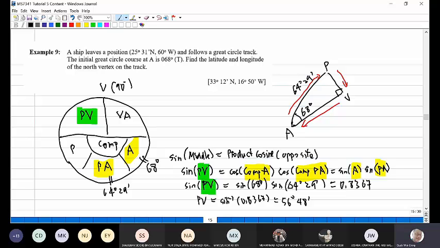Or another one is, because of the sine, 180 minus 56 degrees, 48 minutes here, which is 123 degrees, 12 minutes here. And we know that we're going to reject the second one.